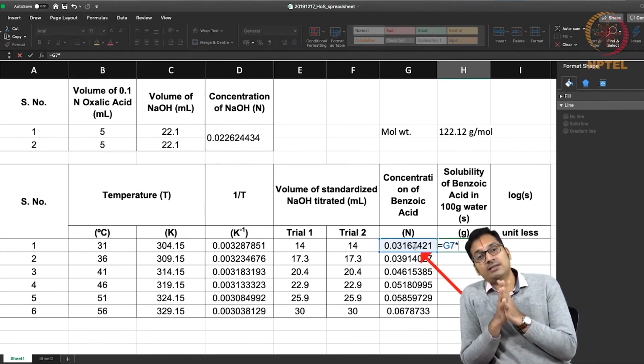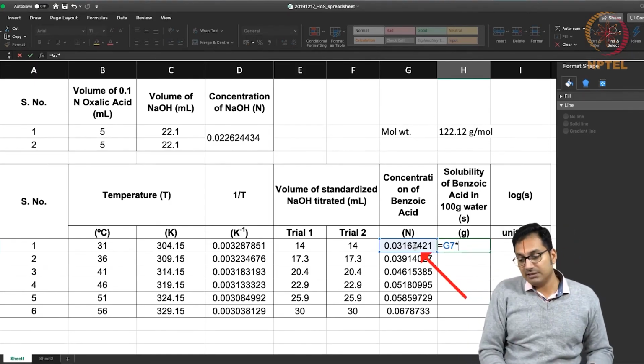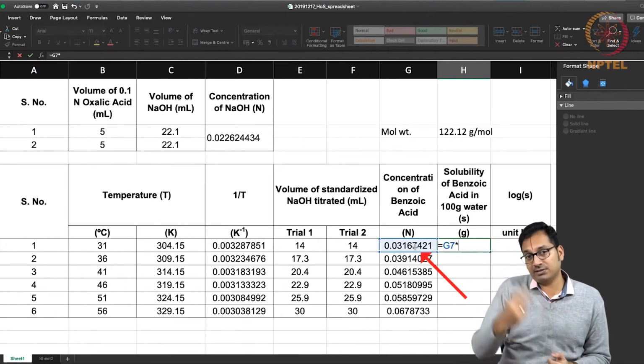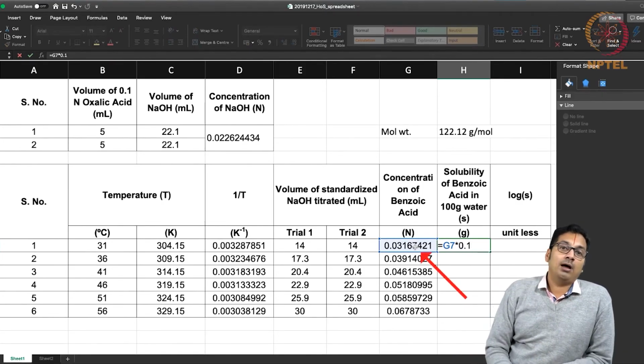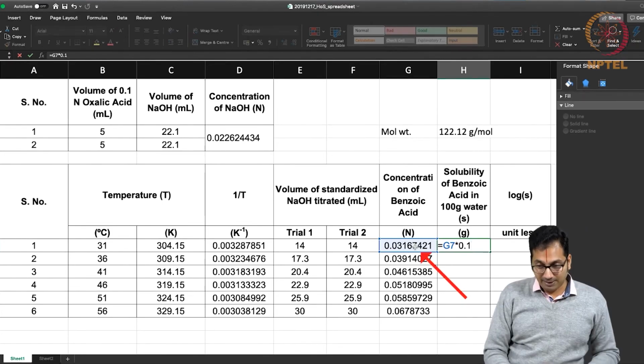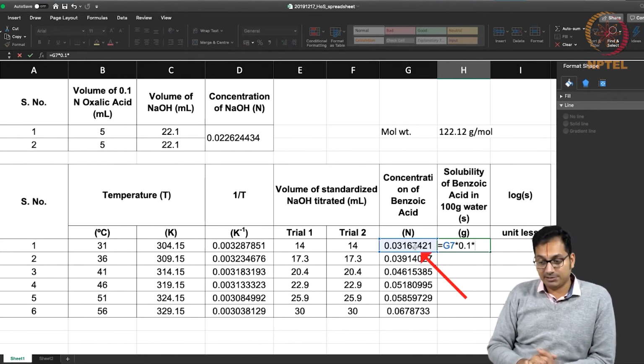In this case, we are saying 100 grams of water, assuming that the addition of benzoic acid does not change the volume of water. It's a fair assumption, because this is all we can do. So this is the second assumption that we have put into place. So 0.1 liters is what we are going to add here. Remember, you have to multiply this by the molecular weight of benzoic acid, because finally you want to get how many grams of benzoic acid you have dissolved.